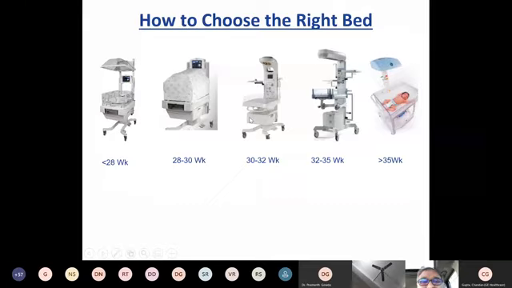On the hospital bed, there are many choices for you. You can have manual beds, or now electric beds are also coming into play, which you find in the ICU. But what are all the parameters one has to consider before choosing a hospital bed? I'll explain that in detail.